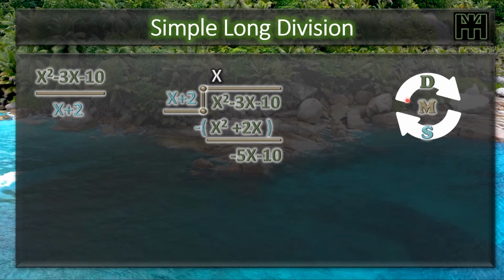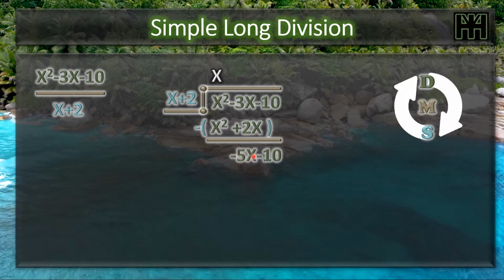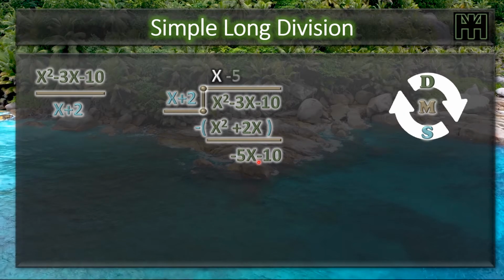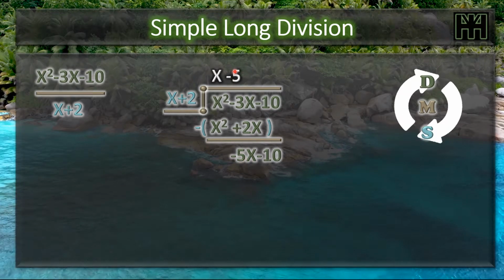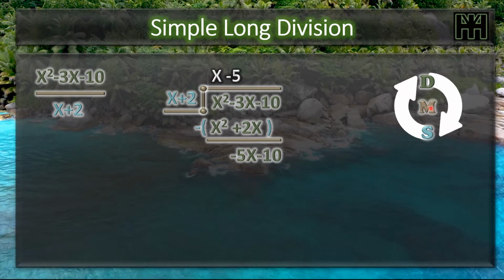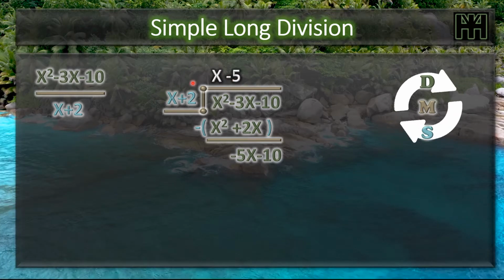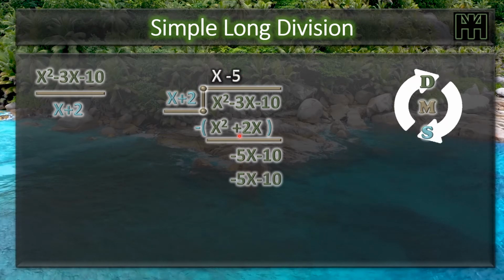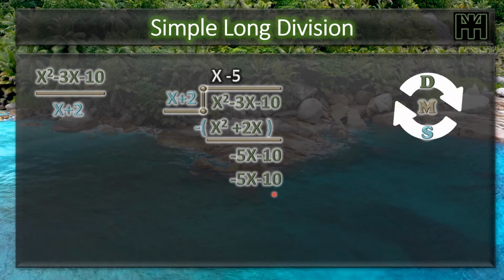Now after we finish the subtraction, we repeat again from the divide. Just as the first one, we take the negative 5x and divide it by x. So it will be negative 5. Then we multiply it by x and by 2. So it will be negative 5x and negative 10.